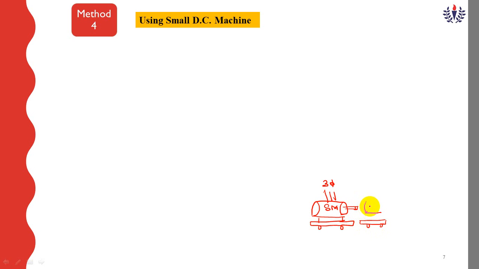We can take a DC generator with the same capacity, same height, same length. We have to take the shaft of the DC machine, which will be coupled to the shaft of the motor. This point will be coupled.